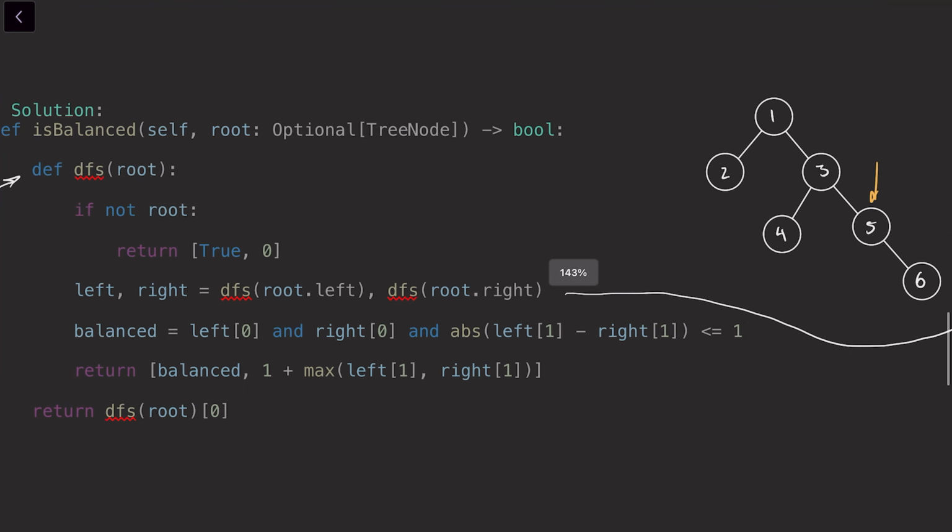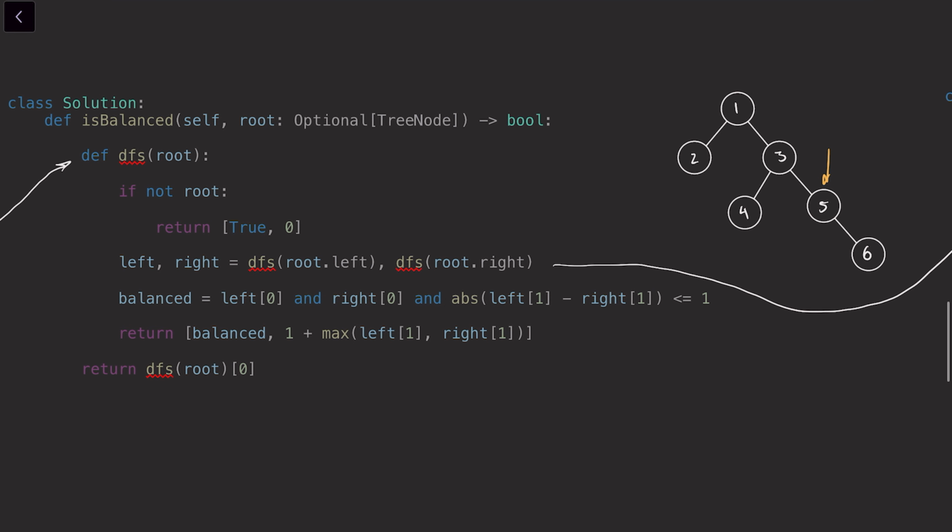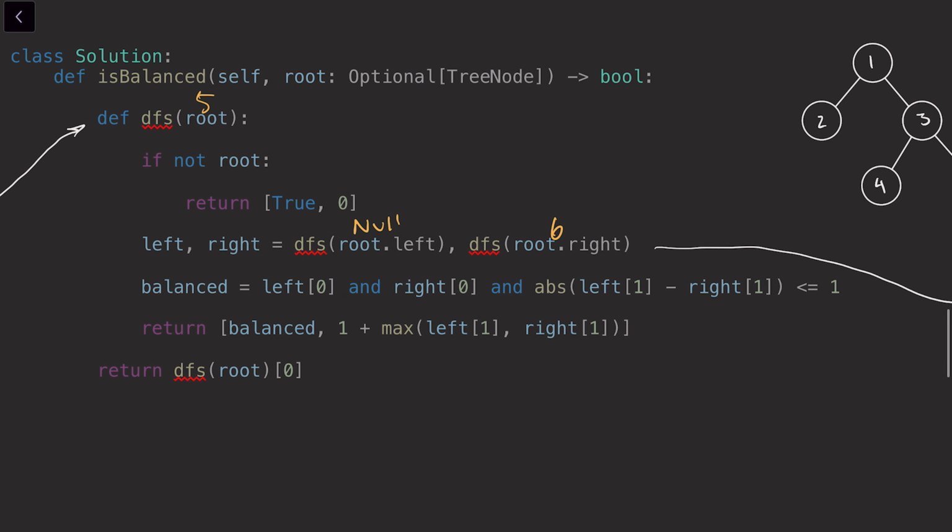5. So now we're going into 5, and in 5 we can see that we have null on the left, right? So on the left it's gonna be null, and on the right we have 6. So let's write 6 on top so we can visualize that. And we know that a null gives us true, it is balanced, and 0 is the height.